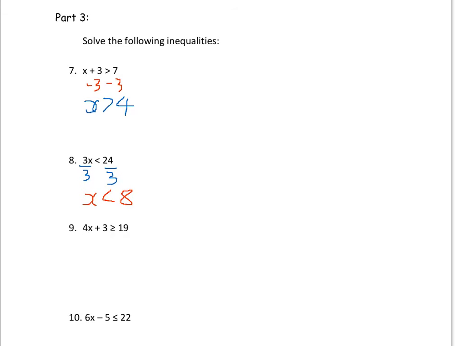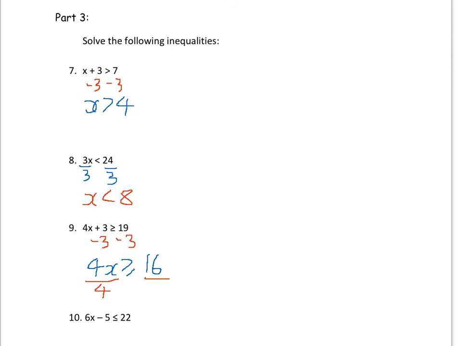Next one. 4x plus 3 is greater than or equal to 19. So we want to firstly get just 4x on the left hand side. So we need to subtract 3 from both sides, and we'll be left with 4x is greater than or equal to 19 minus 3, which is 16. And the next step, because now we've got 4 lots of a number, we need to divide by 4, because that's the opposite.